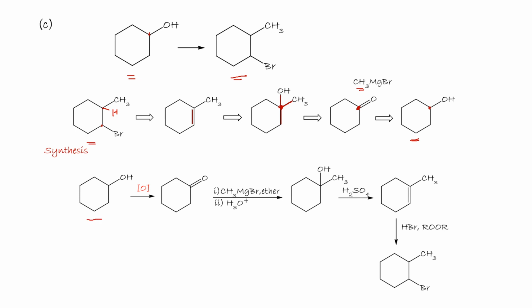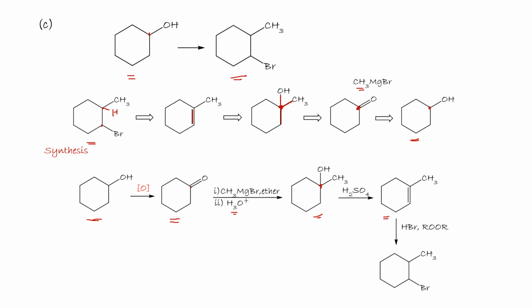So our starting material, upon oxidation with any of the reagents we know, chromic, PCC, Collins reagent, whatever, we can get the ketone. Reacting the ketone with methyl magnesium bromide in ether, followed by acidification, we can get that alcohol, right? Dehydration using concentrated sulfuric acid and heat, we can get the alkene.